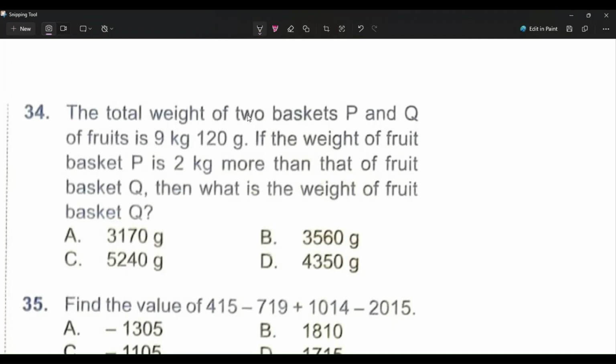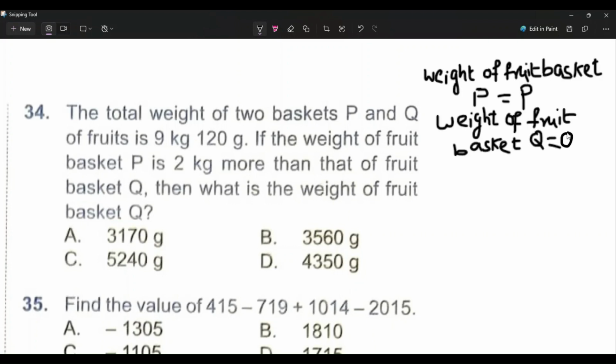34th question. The total weight of two baskets P and Q of fruits is 9 kg 120 grams. If the weight of fruit basket P is 2 kg more than that of fruit basket Q, then what is the weight of fruit basket Q? So let's write. So let us assume weight of fruit basket P is equal to P, weight of fruit basket Q is equal to Q. So P plus Q is equal to 9 kg 120 grams.